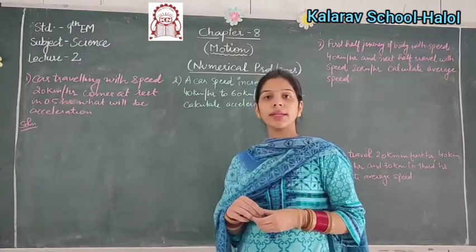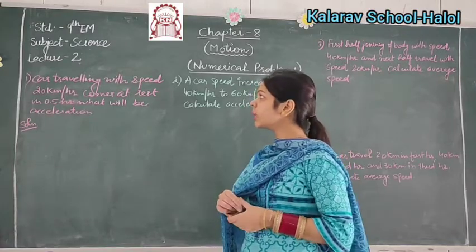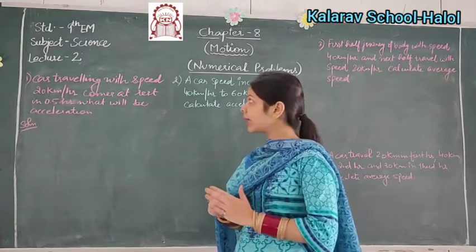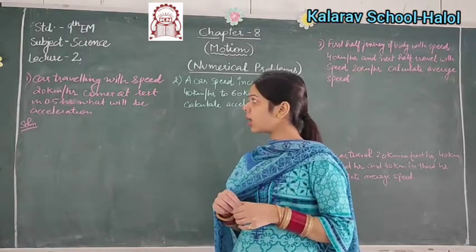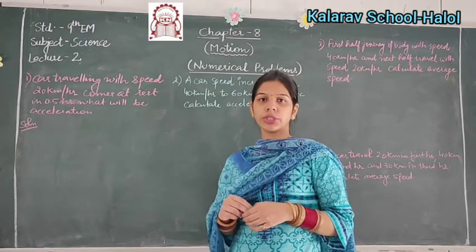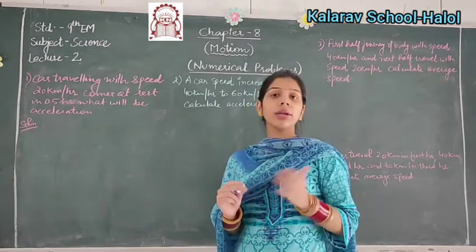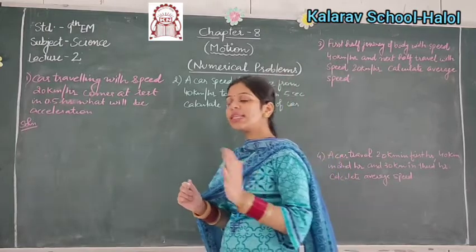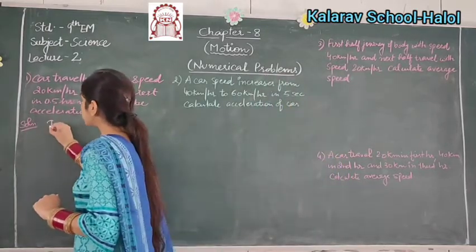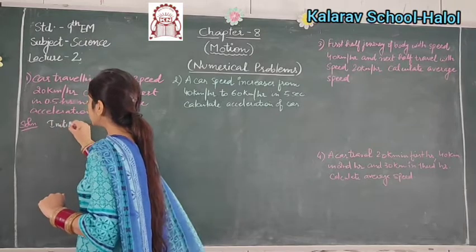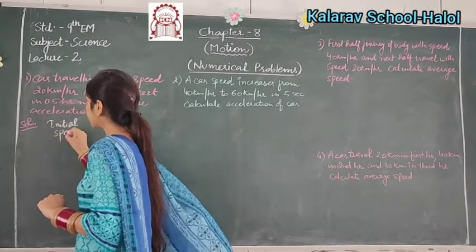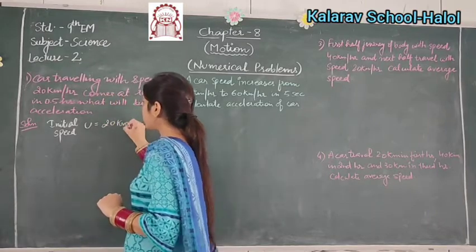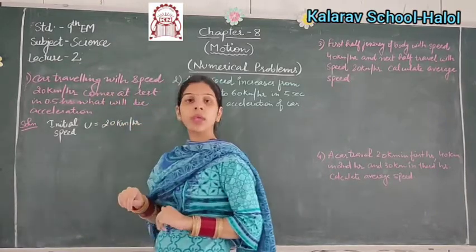The first numerical is: a car traveling with speed 20 km per hour comes to rest in 0.5 hour. What will be the acceleration? Here a car travels with speed 20 km per hour, which means it is its initial velocity, that is u, 20 km per hour.